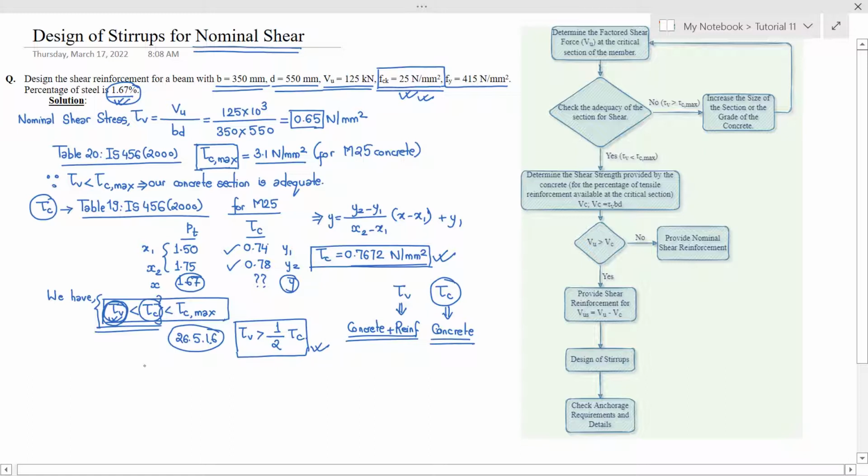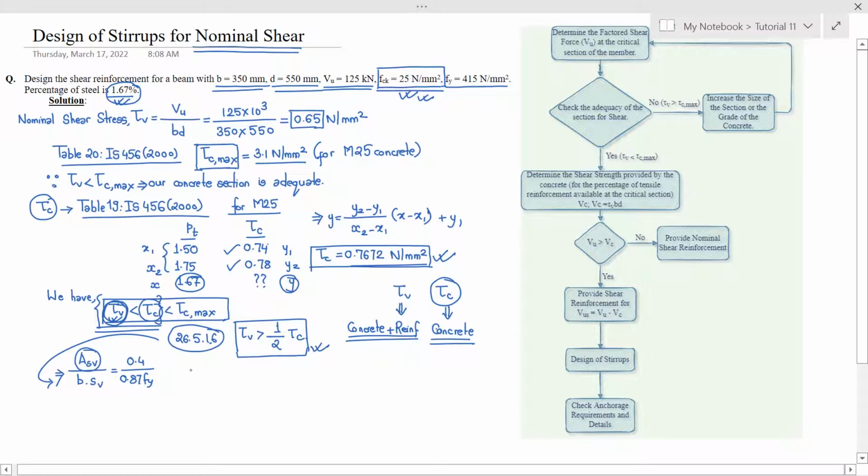Now to design for nominal shear, we have the formula given as ASV over B into SV equals 0.4 upon 0.87 Fy. This is given in the same code here. So ASV is the area of reinforcement that is resisting the shear.